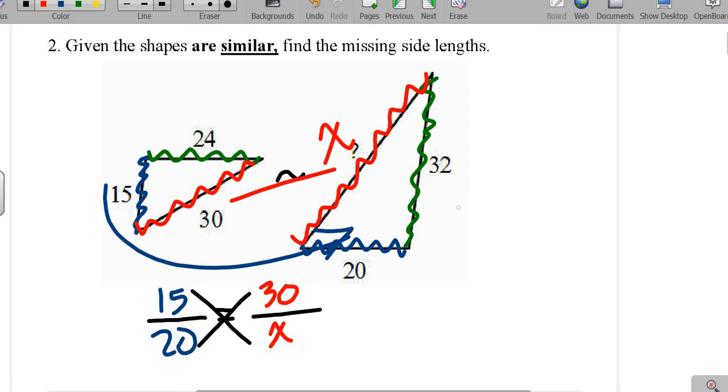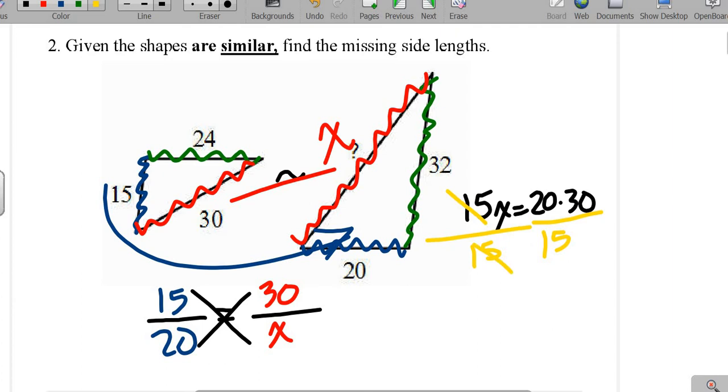Cross multiply. 15x equals 20 times 30. Divide this out. 5 goes in there 4 times. 5 goes in there 3 times. 3 goes into 30 10 times. So x equals 40.